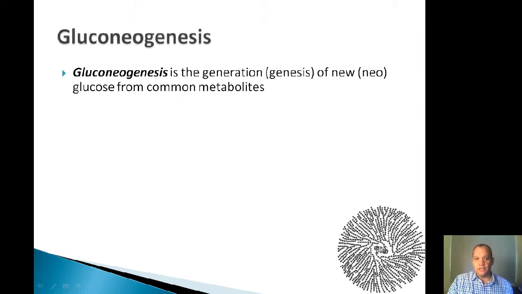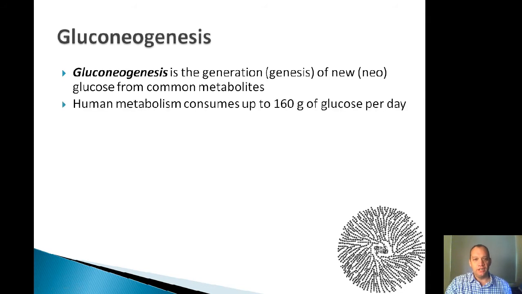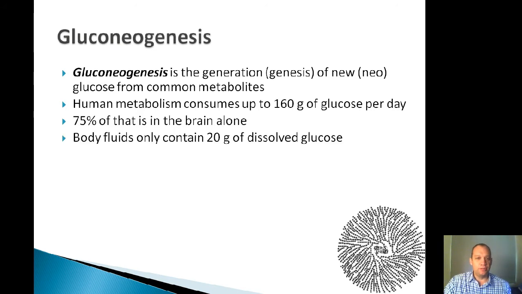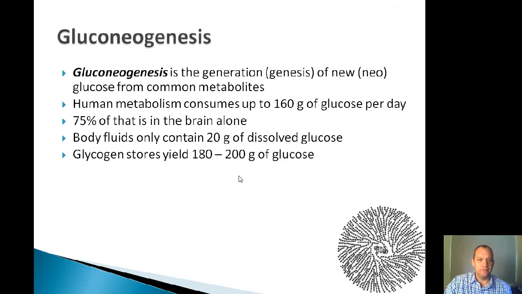So then on to gluconeogenesis. It is the generation of new glucose from common metabolites. Human metabolism requires about 160 grams of glucose per day, and about 75% of that is used by the brain alone. Body fluids normally contain about 20 grams of dissolved glucose, and you have a further up to 200 grams of glucose stored in the form of glycogen, which is a polymer of glucose molecules.